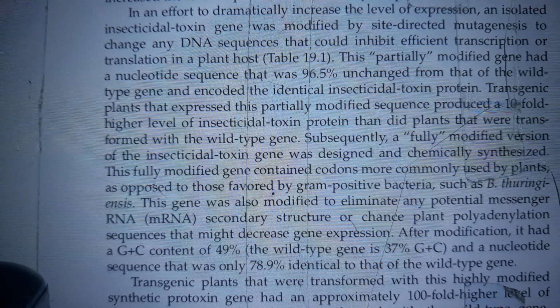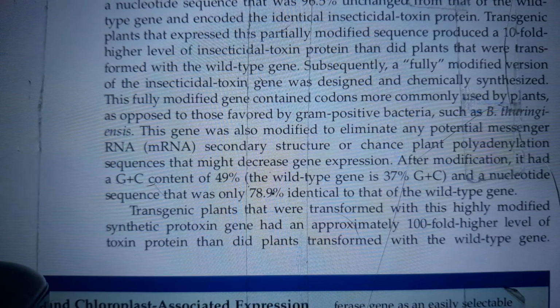This partially modified gene had a nucleotide sequence that was 96.5% unchanged from that of the wild-type gene and encoded the identical insecticidal toxin protein. Transgenic plants that expressed this partially modified sequence produced a tenfold higher level of insecticidal toxin protein than the plants that were transformed with the wild-type gene.